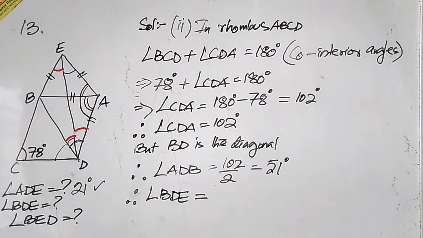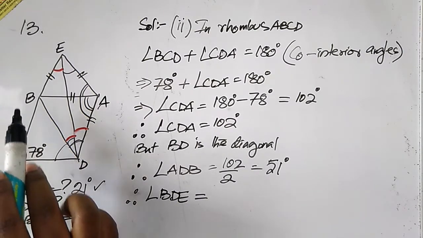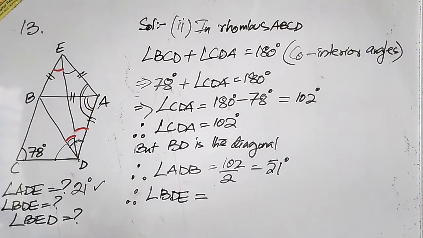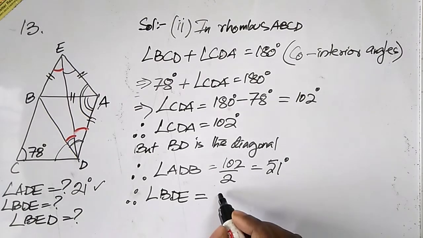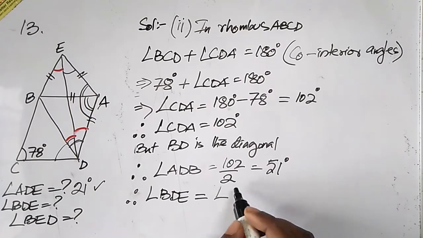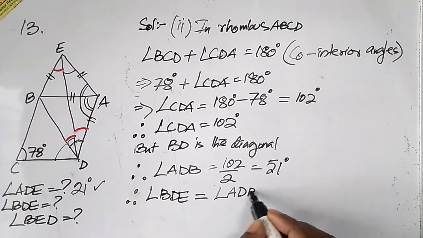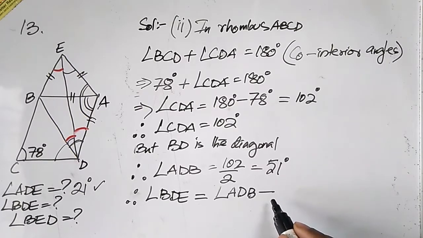Okay, do not get confused. BDE is the half of angle ADB, right? Or we can also calculate it as BDE is equal to angle ADB minus ADE.